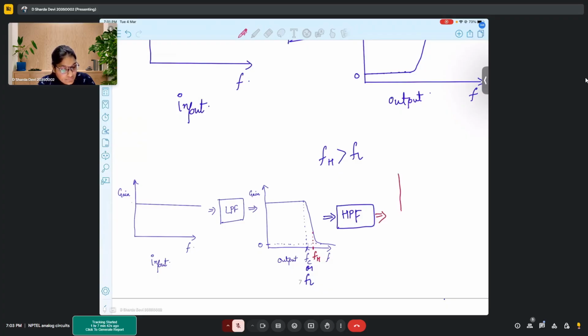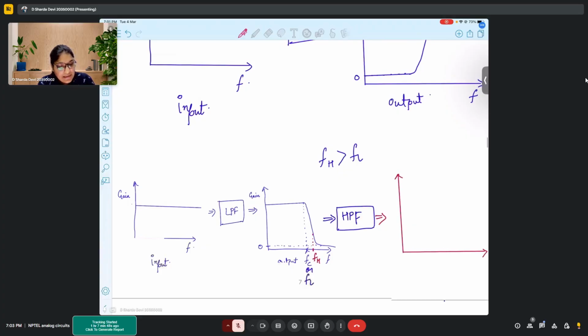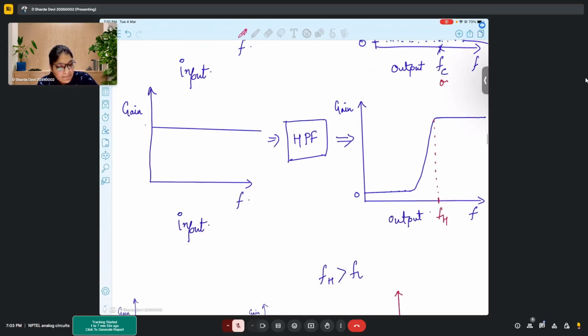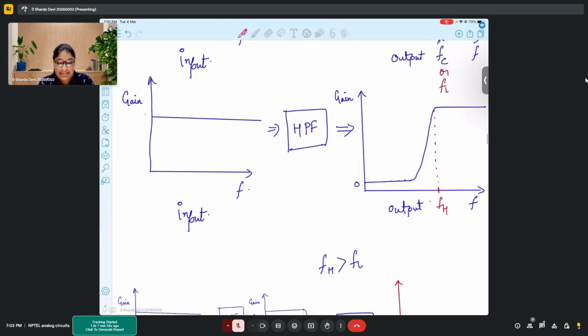Now, what we said, in high pass filter, after the cutoff frequency, whatever is there, it will pass as it is. The frequencies higher than cutoff frequency will pass as it is. The frequencies lower than cutoff frequencies will be eliminated, correct?